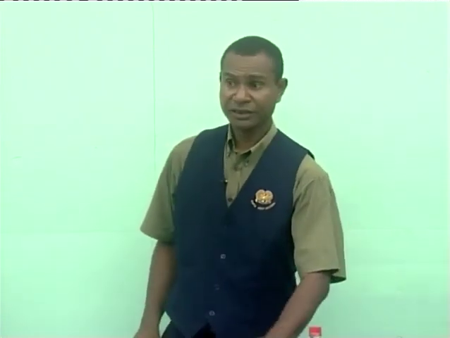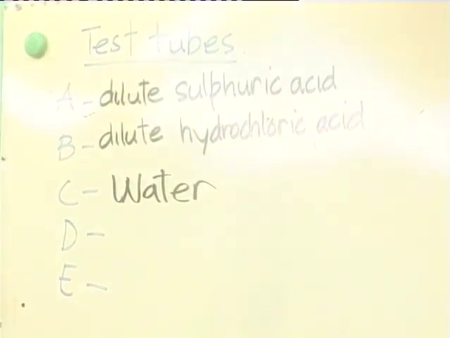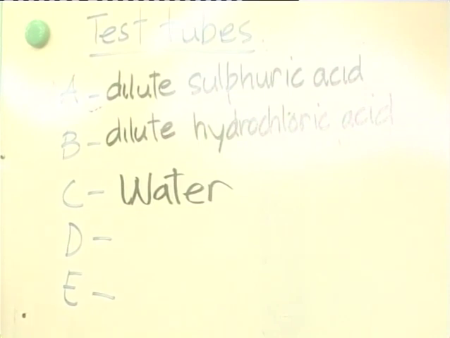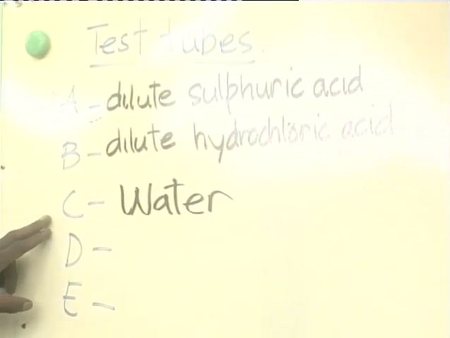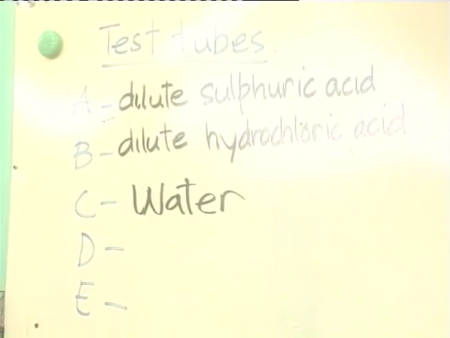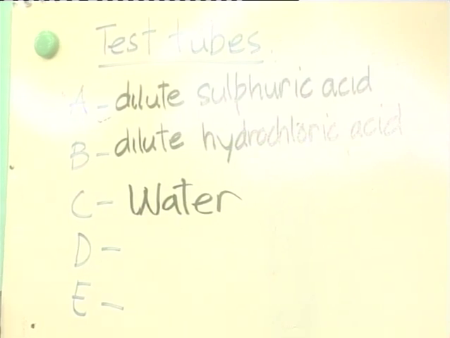Now, let's begin to fill our test tubes according to the test tube labels. Test tube A is sulfuric acid, which I will pour myself, and dilute acid. So you fill in water and the other 2 substances in the test tubes. You may do that now.